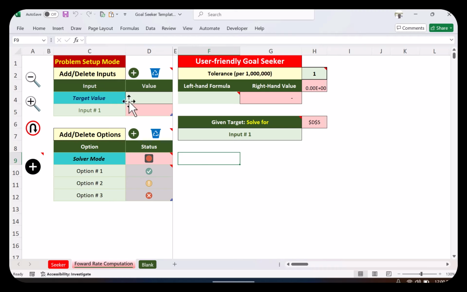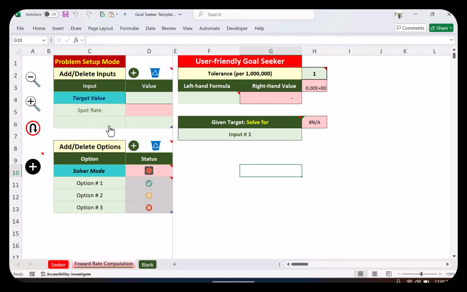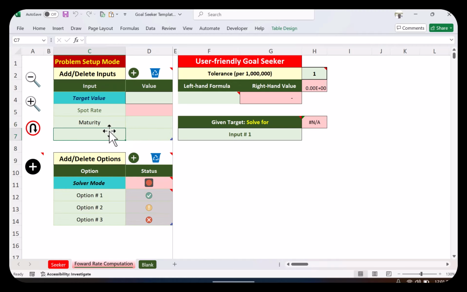Now, I'm going to have some inputs. What are my inputs? Spot rate. So let's do this. I'm going to have maturity. I'm going to have domestic rate.